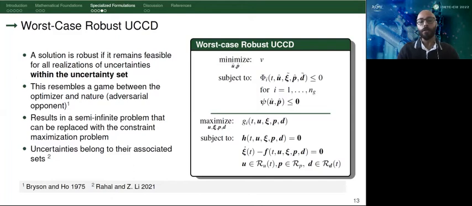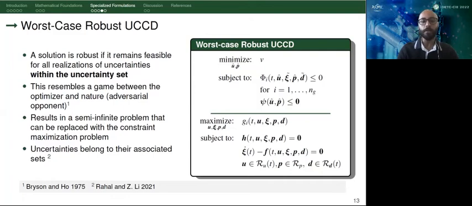In this situation, for any decision that the optimizer makes, the adversarial player tries to perturb and violate constraints as largely as it can. And that results in a semi-infinite problem that can be replaced with the constraint maximization problem.